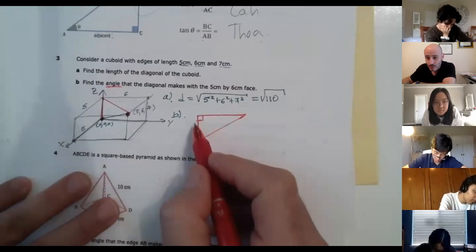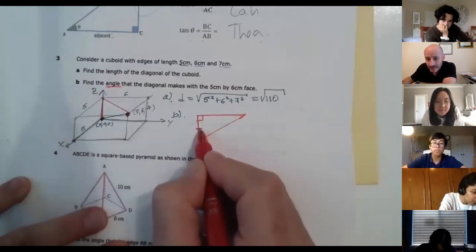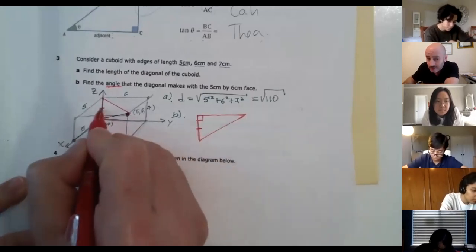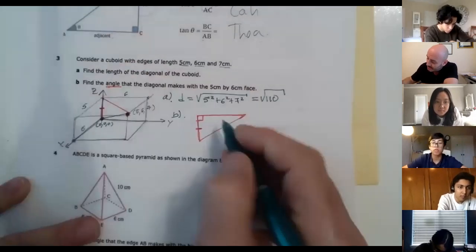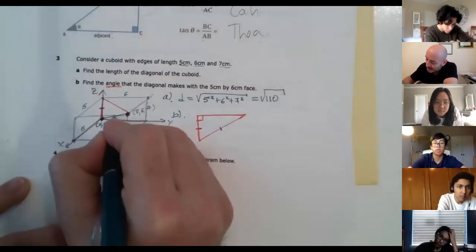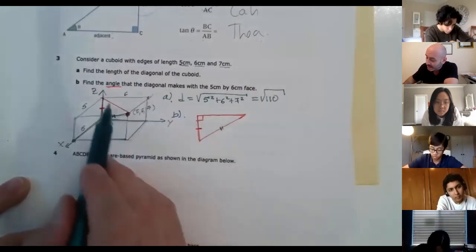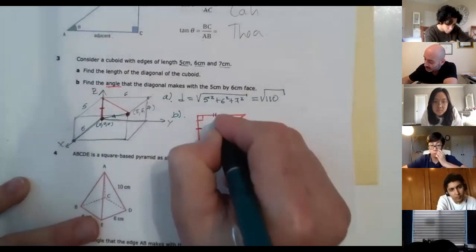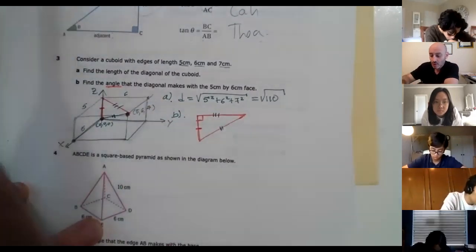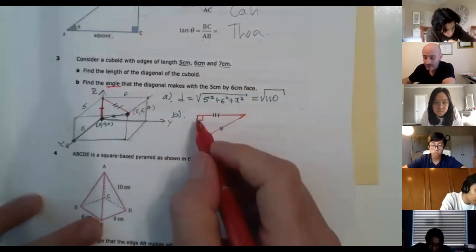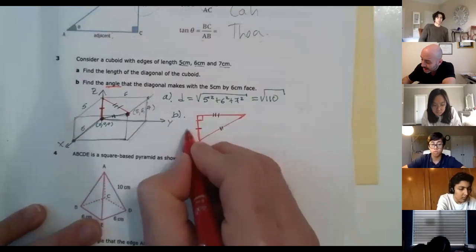So basically this side, everybody, is this one. This hypotenuse is the diagonal, and then this side is this one here. Does it make sense? So on that triangle, if it goes from 0 to this vertex, that's the height, that's 7.